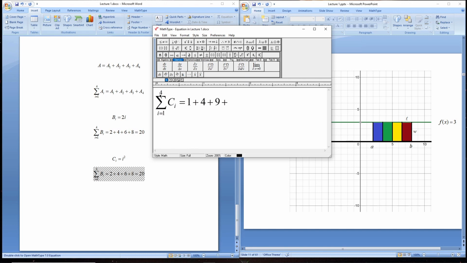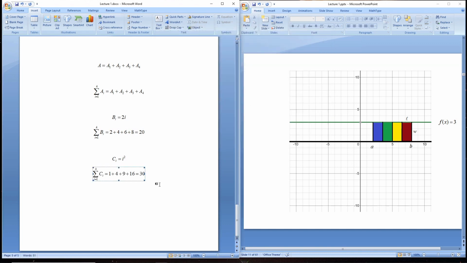We keep going until we reach the top number, which is 4 here, where we're at now. When i equals 4, we plug this in, and 4 squared is 16. And what do we got there? 20, 30. That's our answer. The sum of C sub i from 1 to 4 is 30.